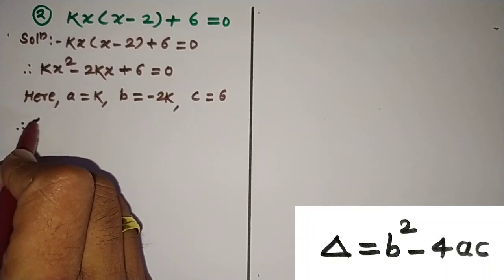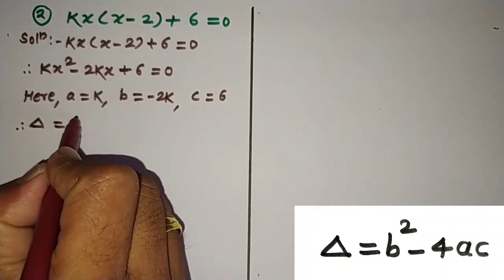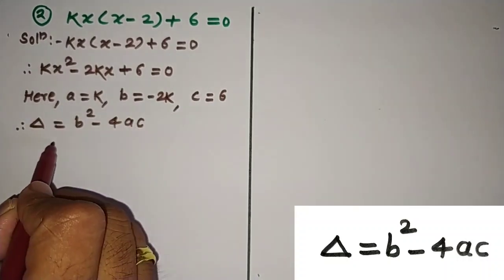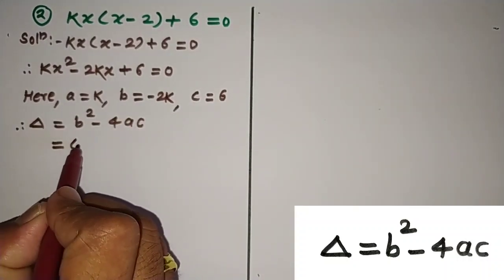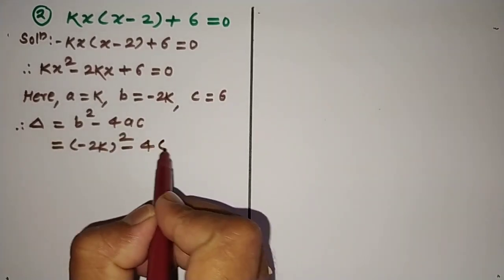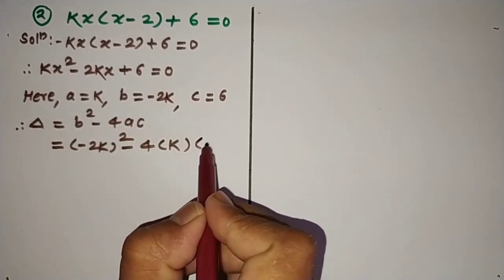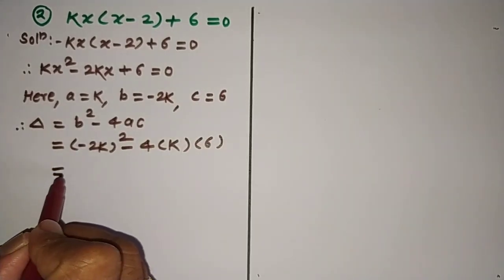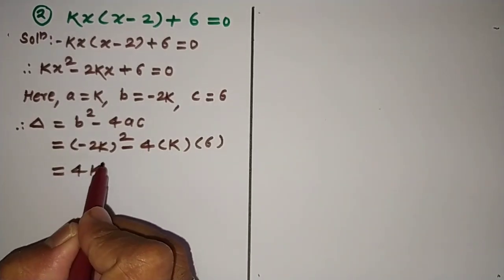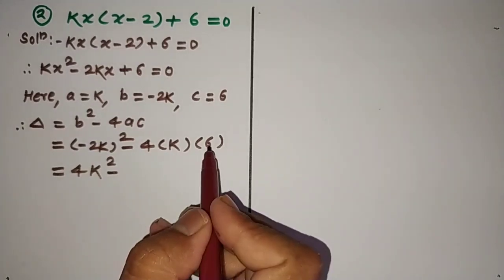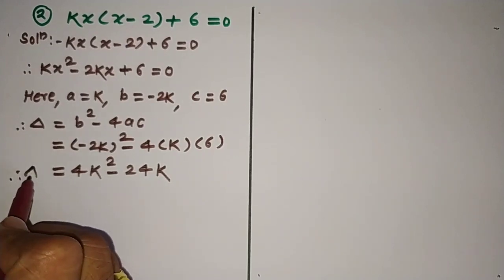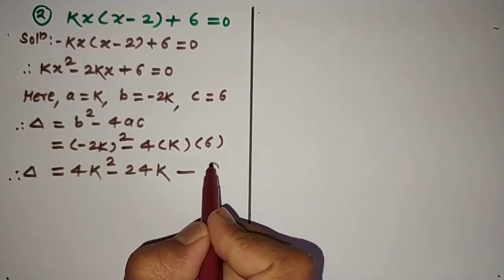Find the value of discriminant delta is equal to b square minus 4ac. Put the value in this equation. Value of b is minus 2k square minus 4 into value of a is equal to k and value of c is equal to 6. Therefore, minus 2k square is equal to 4k square minus 4 into 6 is 24k. This is the value of delta. This is the first equation.